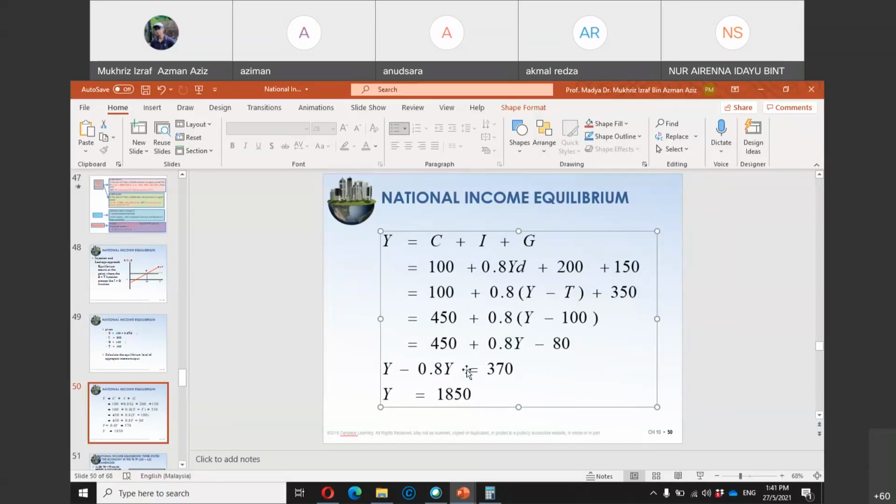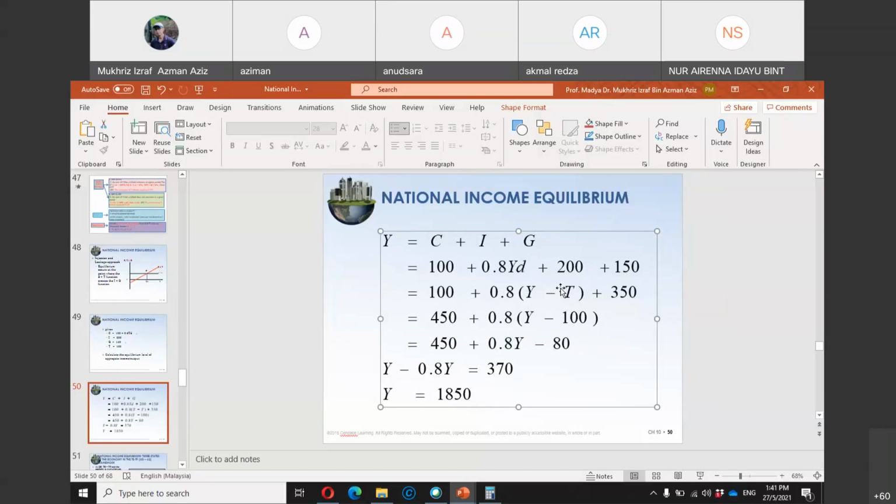Plug it into the equation and you can solve that Y is equal to 1850. That is how you solve for equilibrium output in a three sector economy, where there is tax and also government expenditure G. I hope you are clear on this simple example, C plus I plus G. Your C here uses Y minus T because you are using the notation YD, which stands for disposable income after tax.